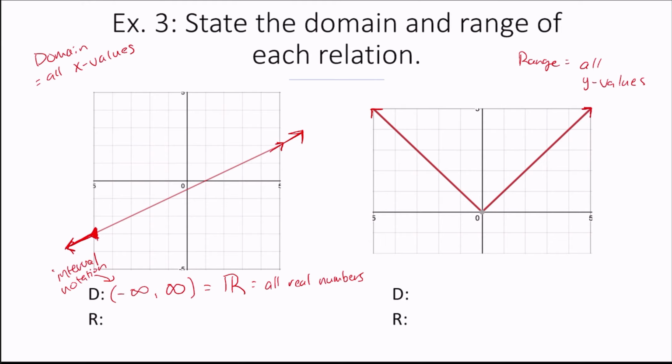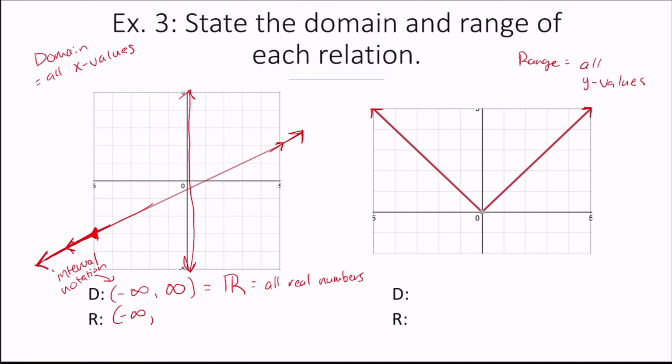The range is going to be the possible y values. How far does this function or this relation go up and down? And again, we go from smallest value to largest value. So the smallest value, as this line goes downward, it goes to negative infinity again.